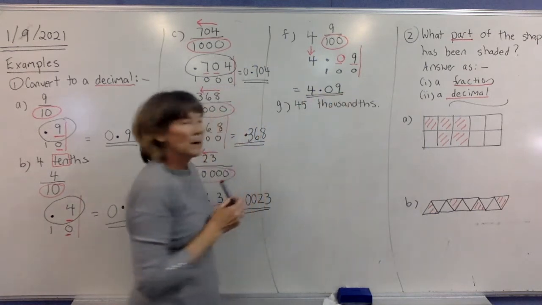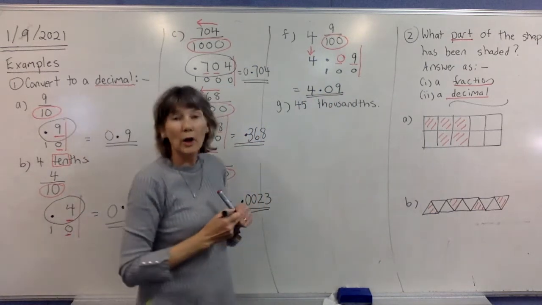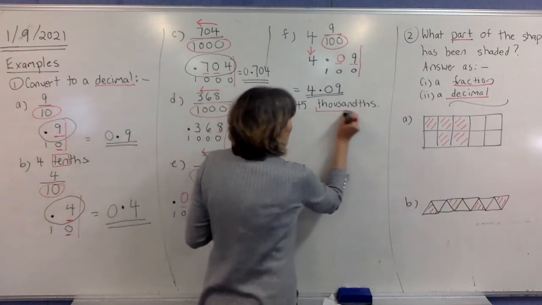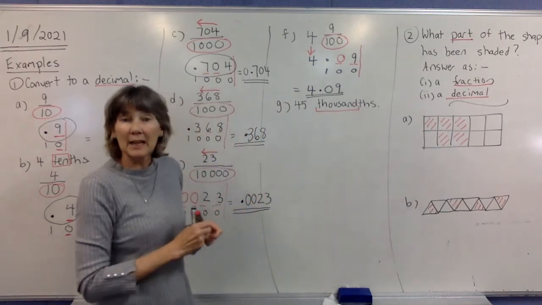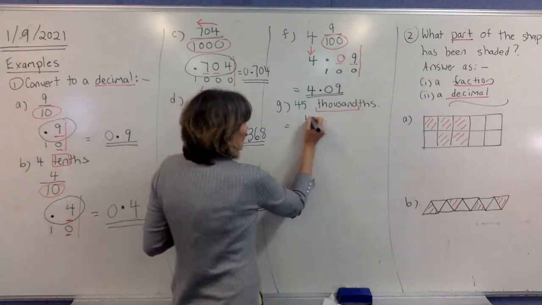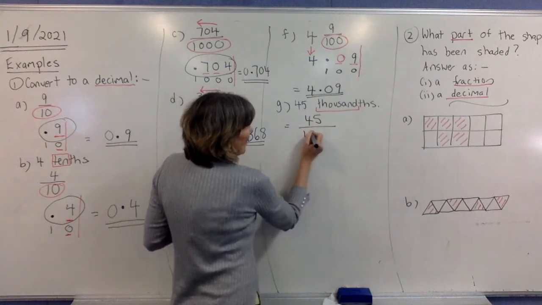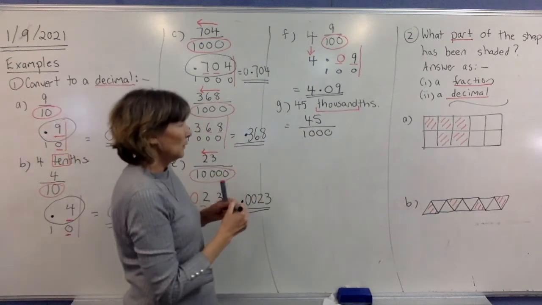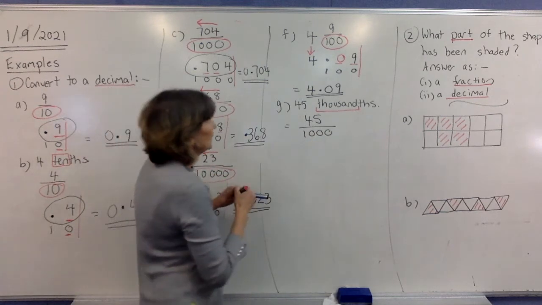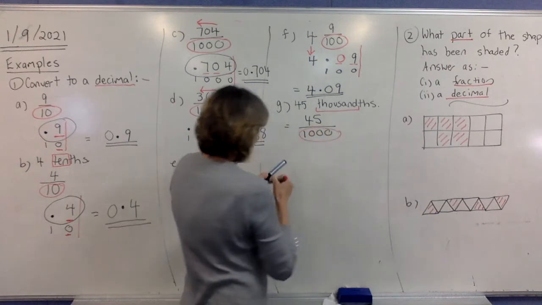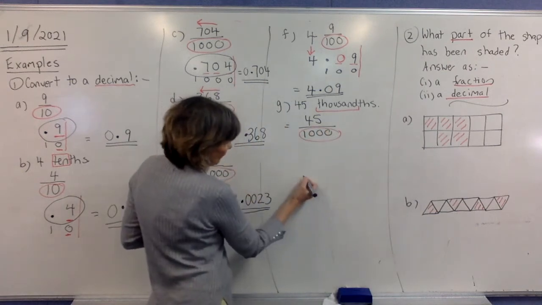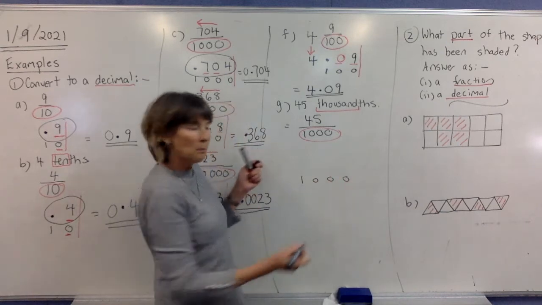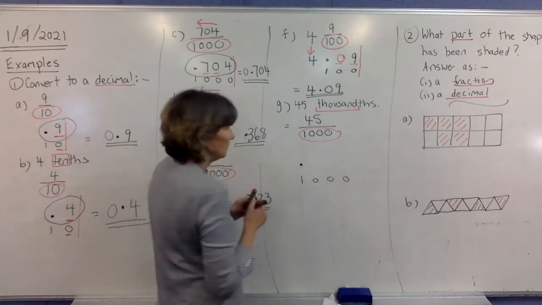Okay, one more question. We have in words 45 thousandths. You can see the word thousand there. So it's telling you that your fraction has 1,000 on the bottom, thousandths. Okay, so we're going to do what we did before. Look at your denominator first. We're going to leave a space above, put the 1,000 down. Decimal point goes above the 1.